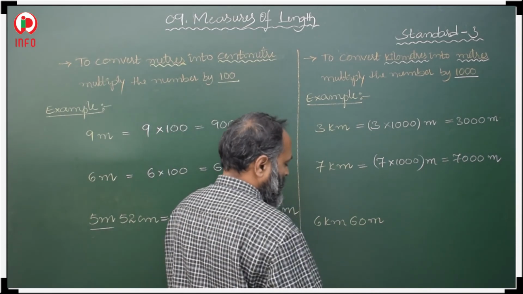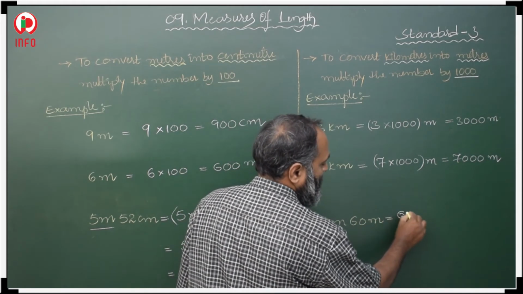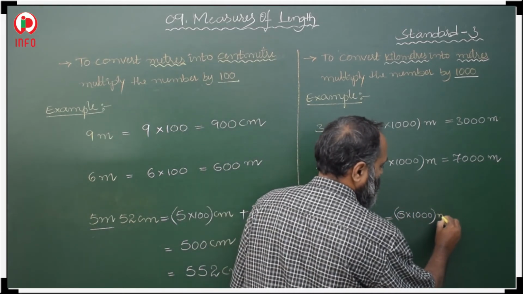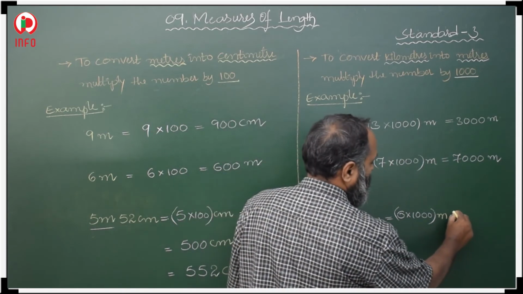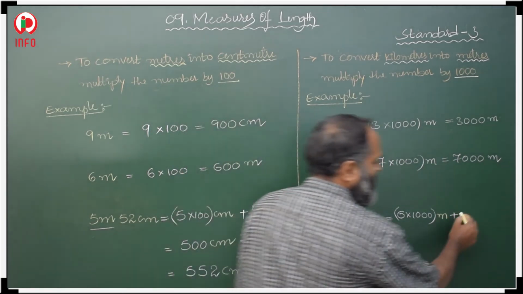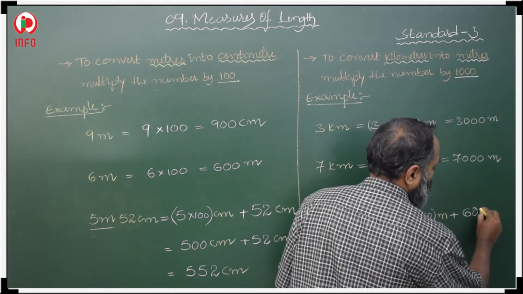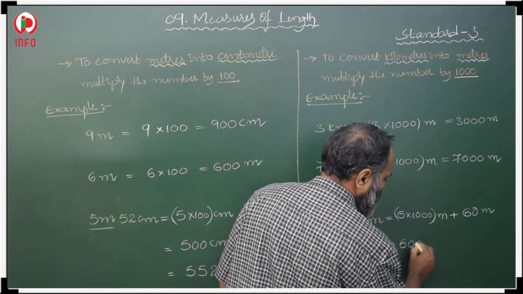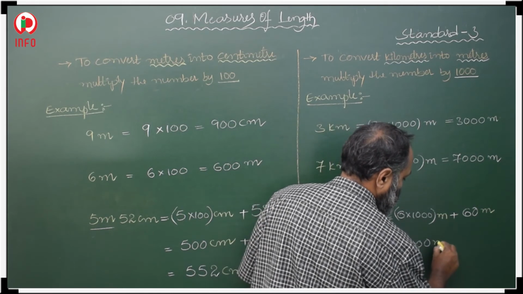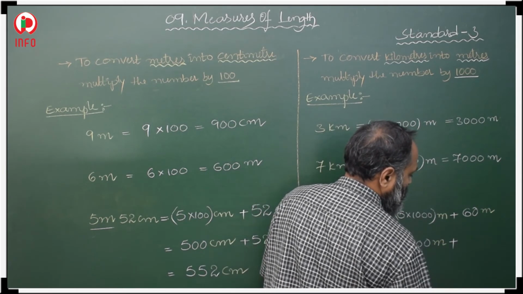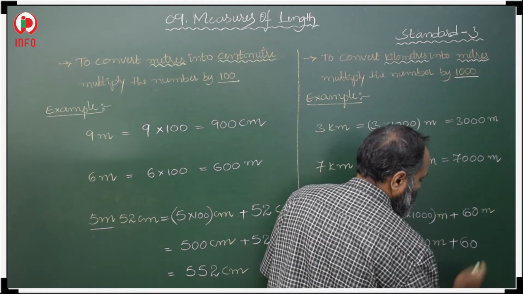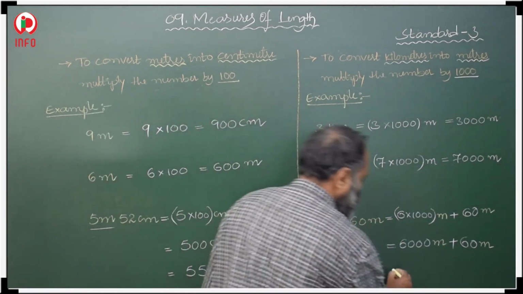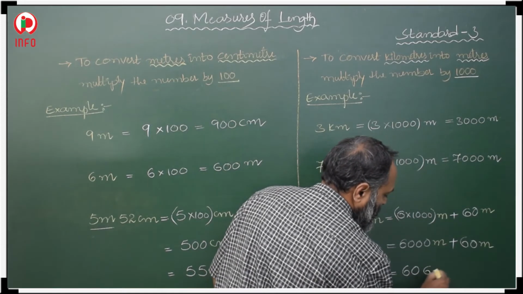First, 6 kilometers: we multiply that with 1000. 6 into 1000 is 6000 meters, then plus the 60 meters we have to add. 6000 plus 60 is 6060 meters.